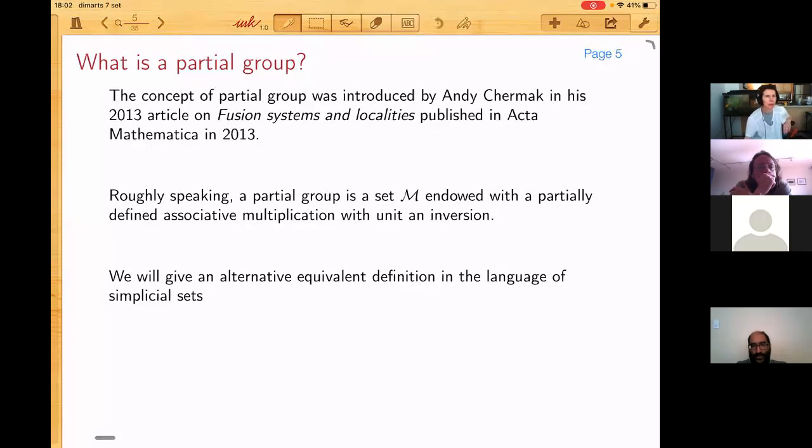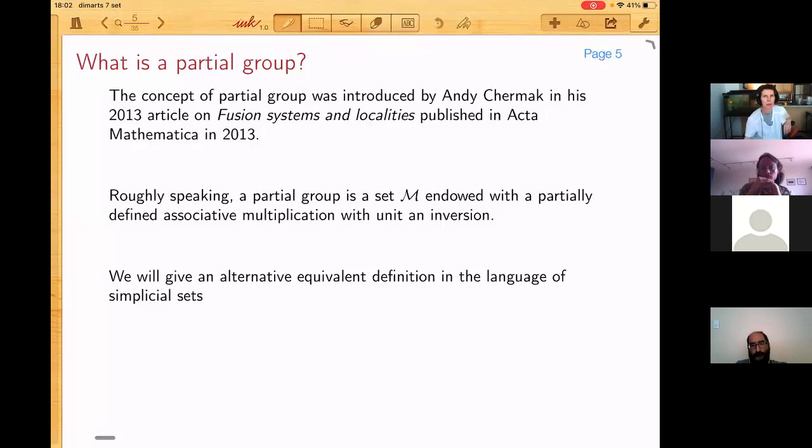And to fusion systems, some time ago, we attached a concept of linking systems as well. A linking system is a sort of category, and we were interested in attaching a linking system to a given saturated fusion system in a unique way. That was done by Andy Chermak in this paper.